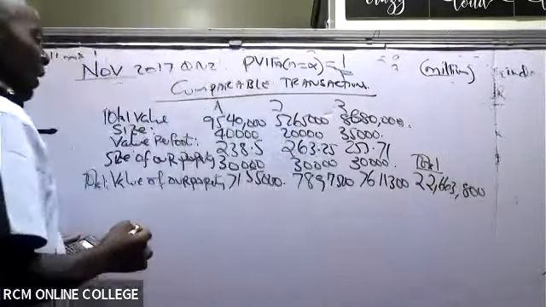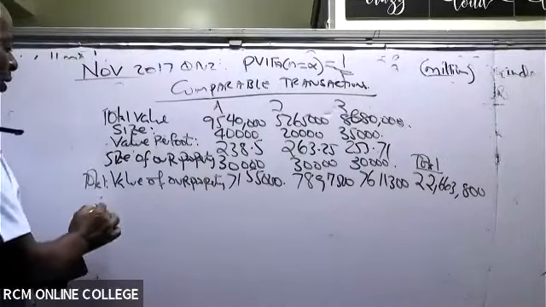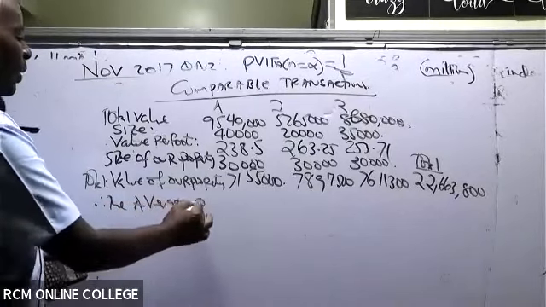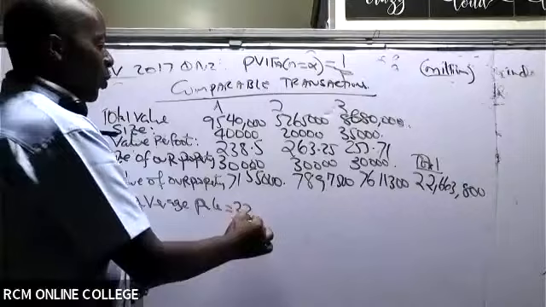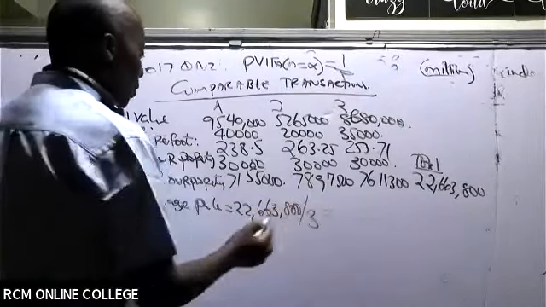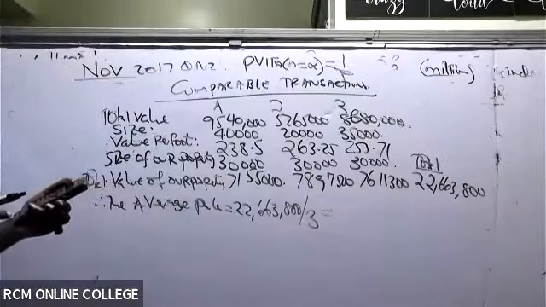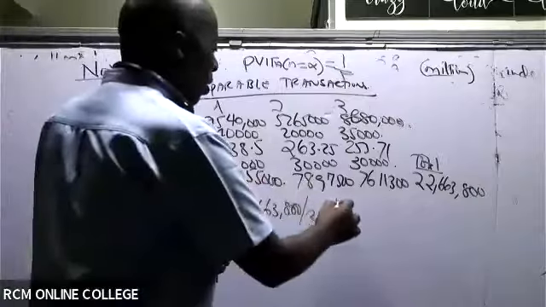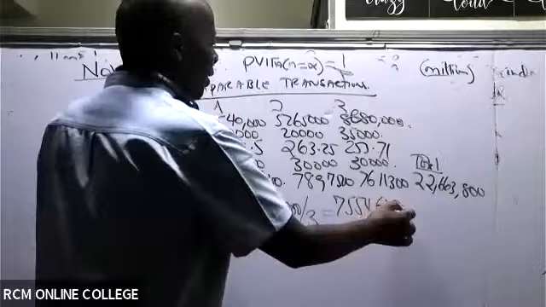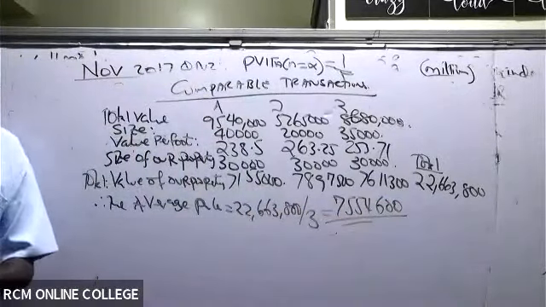And therefore, the average price will be that 22,663,800 divided by 3 properties, which we've been able to compute, which gives us 7,554,600. So value your property at that amount.